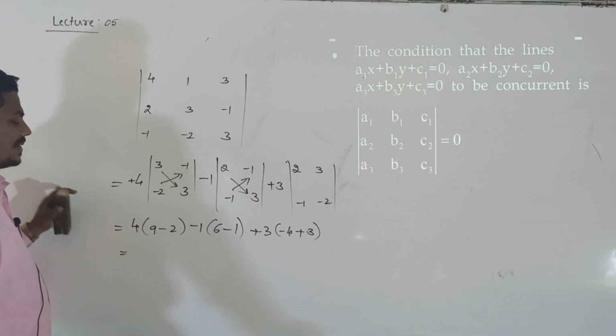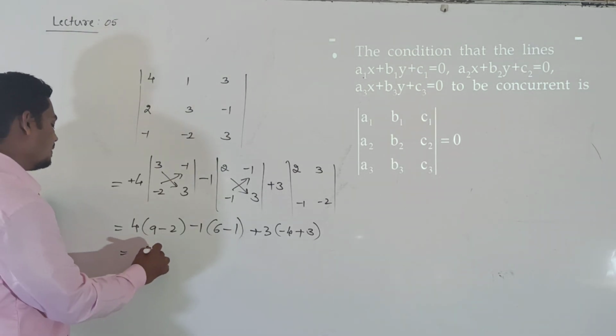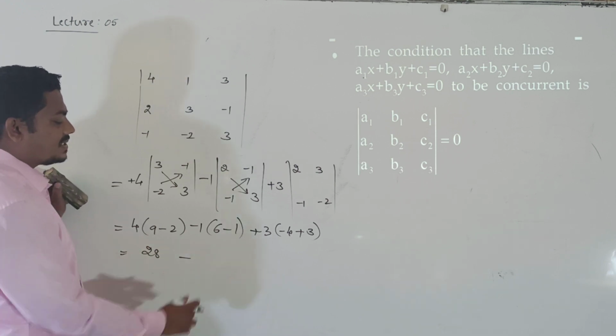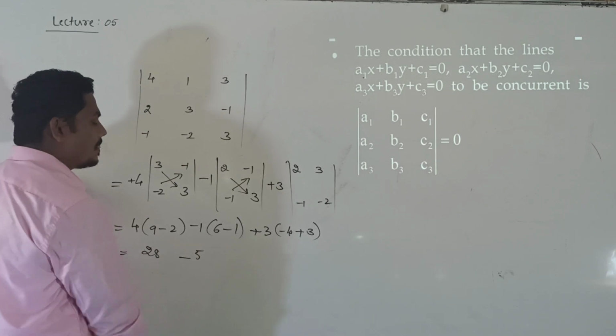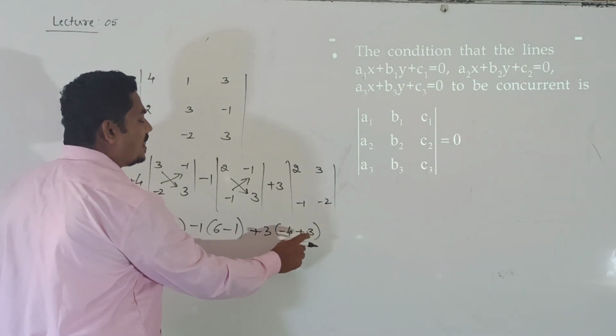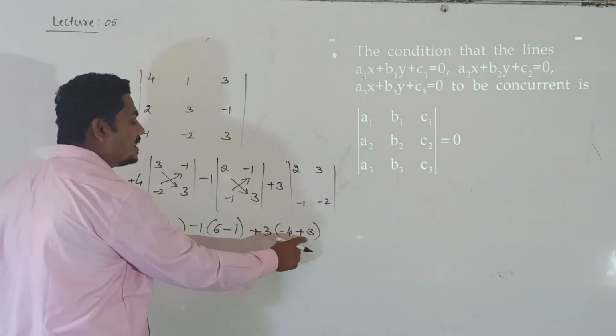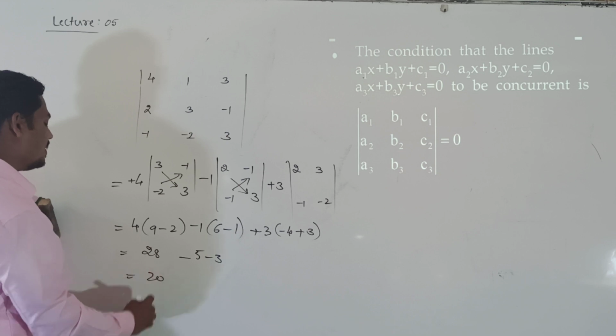Then 4 into 7, right? 9 minus 2 is 7, 7 into 4 is 28, minus 6 minus 1 is 5, 5 into minus 1 is minus 5. Here minus 4 plus 3 is minus 1, minus 1 into 3 is minus 3. Clearly it will be 20.